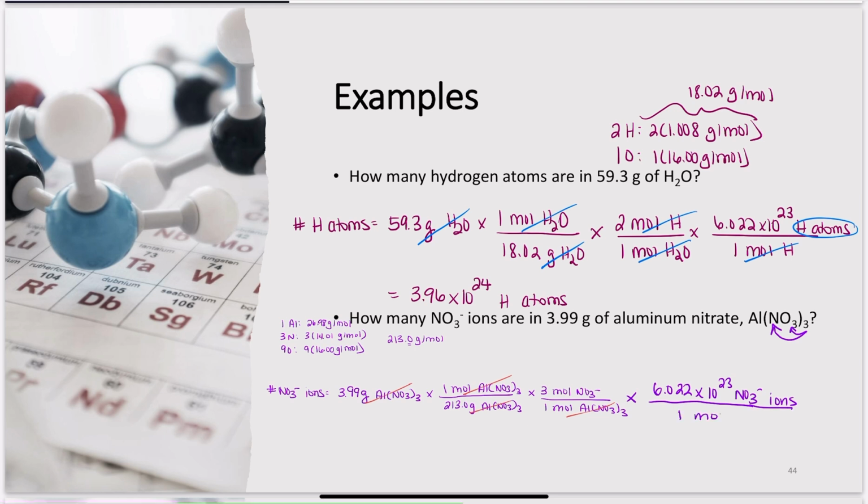Nitrate ions are contained in 1 mole of nitrate. That cancels out my moles of nitrate ions and gives me just nitrate ions themselves. When I calculate this through, I get 3.38 times 10 to the 22nd nitrate ions.